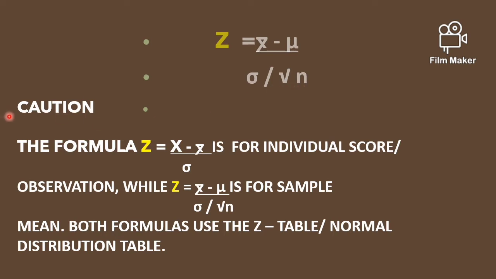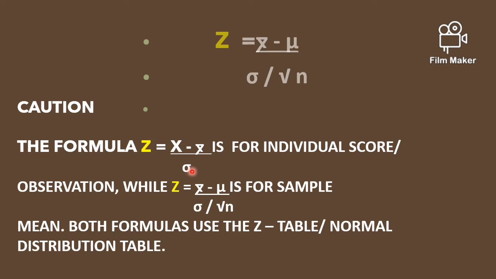Take note, for the formula for an individual score for the normal curve, we use this formula: z is equal to x minus the mean divided by the standard deviation.